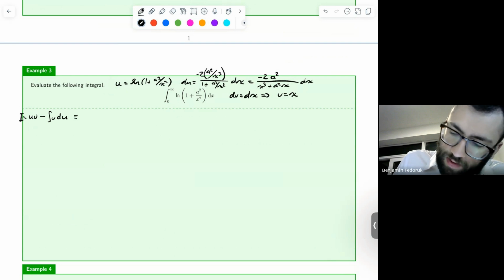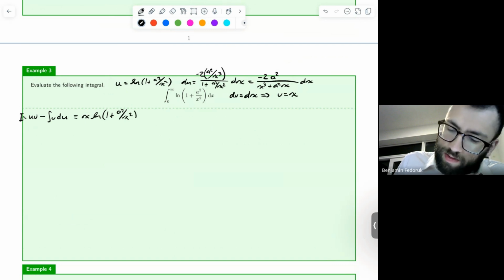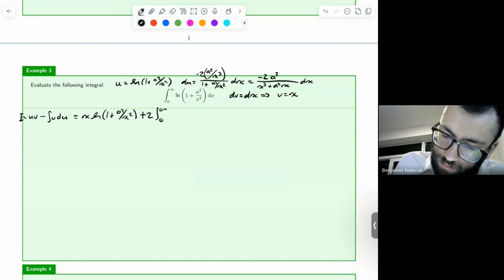So uv is x ln of 1 plus a squared over x squared. And then minus the integral of v, which is x, du, which is this giant expression we wrote up there. So maybe I'll bring the 2 to the outside, so we'll get plus 2.